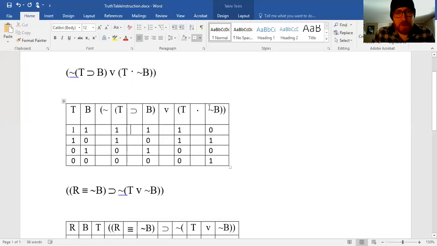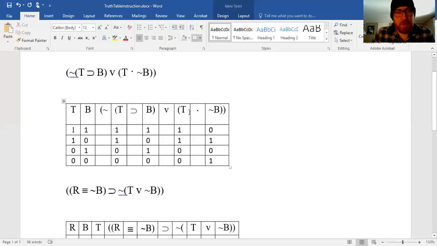Since the tilde is an operation, the value of the tilde is determined by the value of B. The value of the dot is determined by the value of T compared to the value of the tilde.